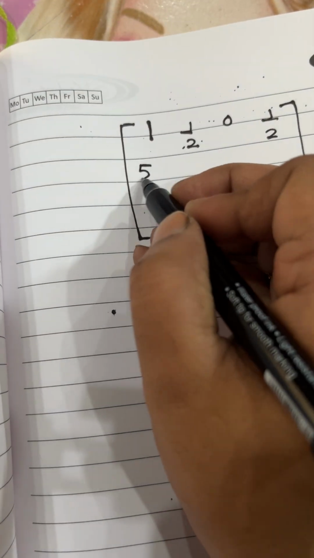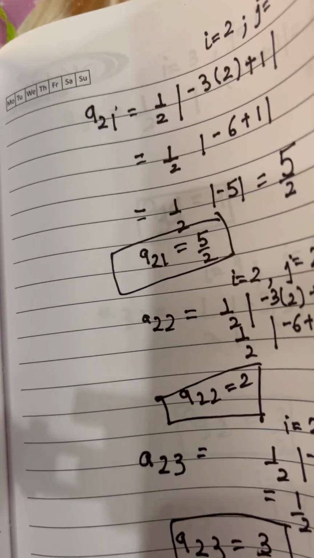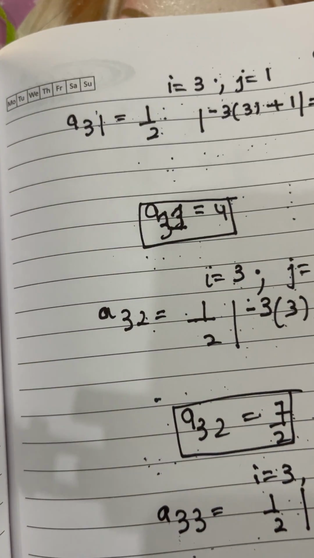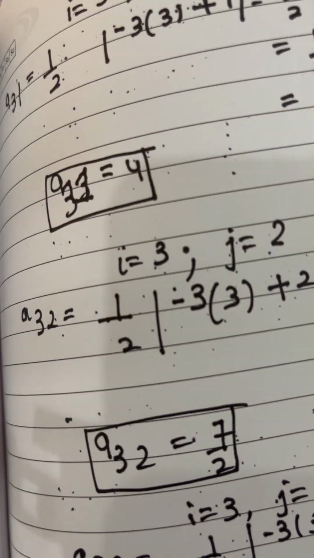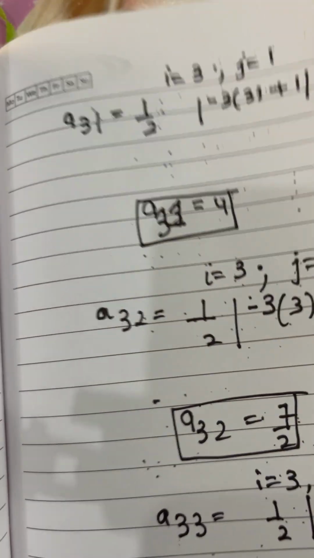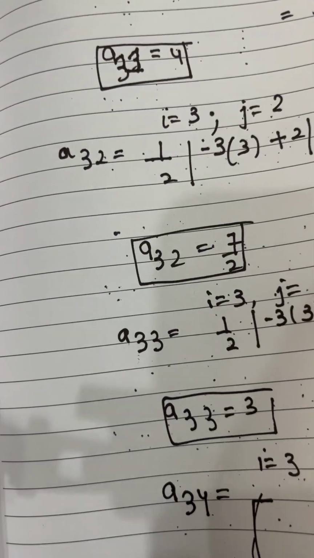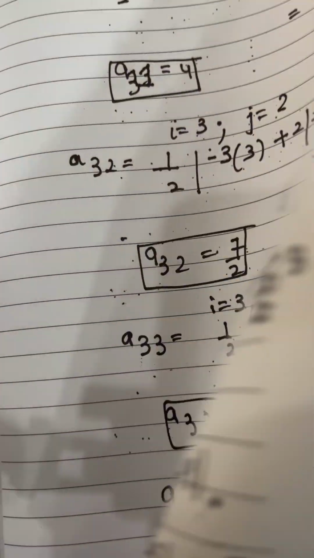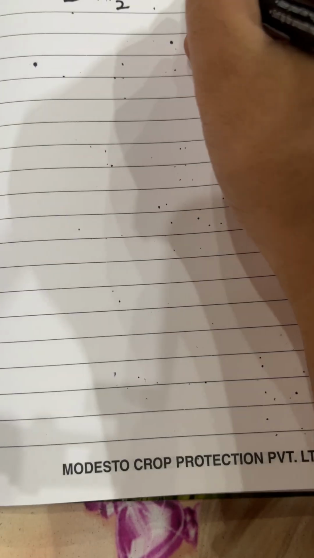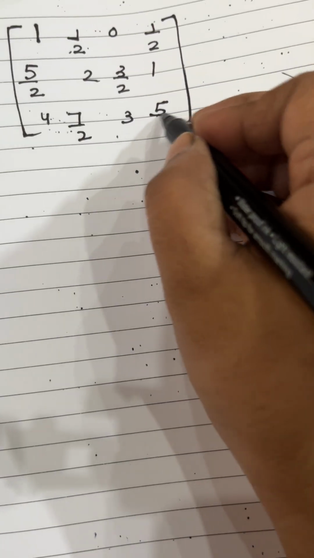A21 is 5 divided by 2, and A22 is 2, and A23 is 3 by 2, and A24 is 1. A31 is 4, and A32 is 7 by 2. And A33 is 3, and A34 is 5 divided by 2. So this is our required matrix.